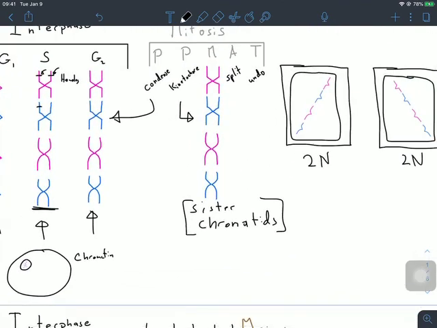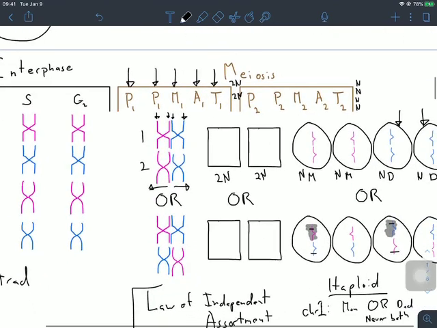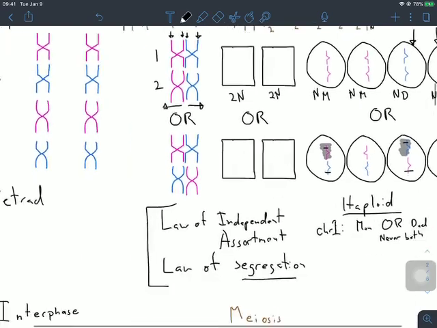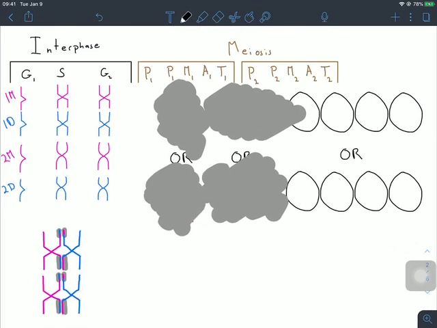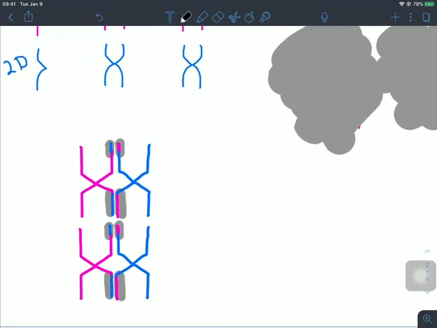Instead of 1 deep, 4 long, these chromosomes lined up 2 deep and 2 long. And we ultimately can generate novel genetic diversity, truly novel genetic diversity, in this process of crossing over or recombination.